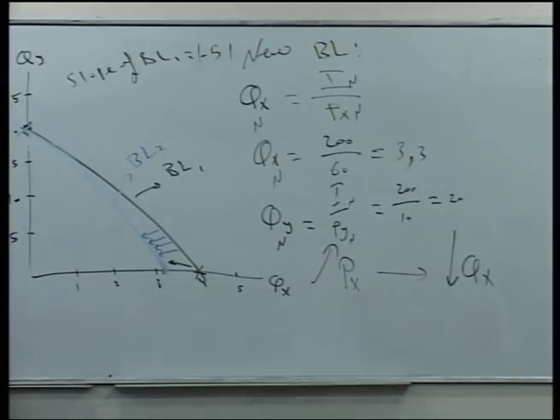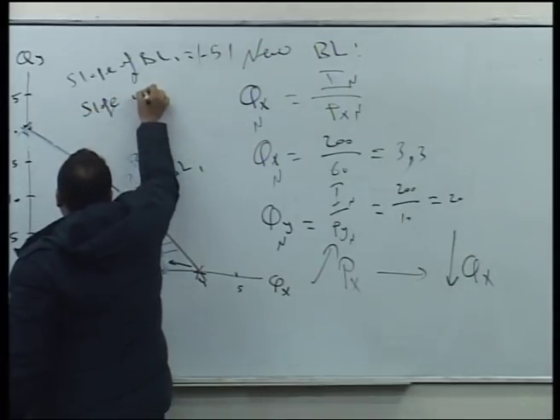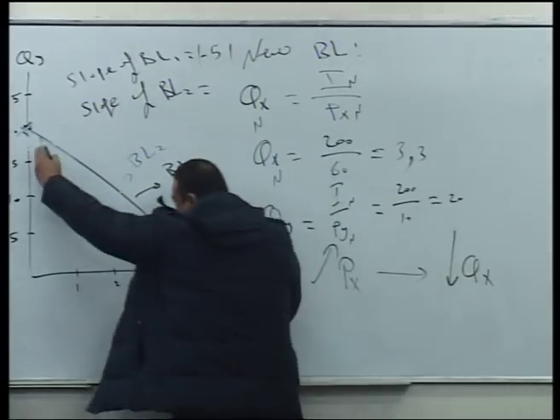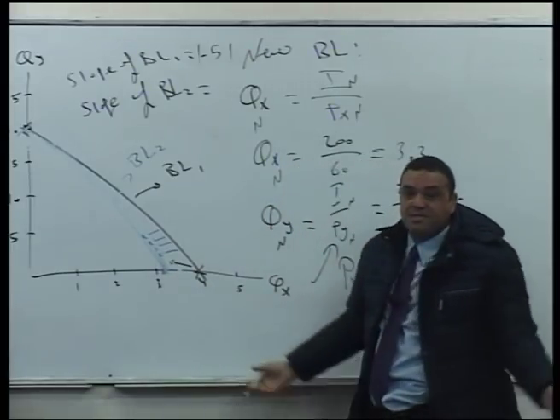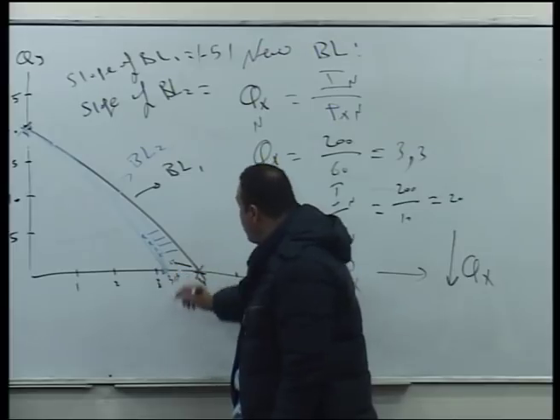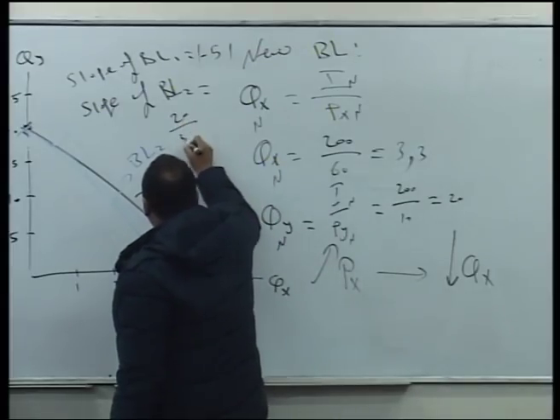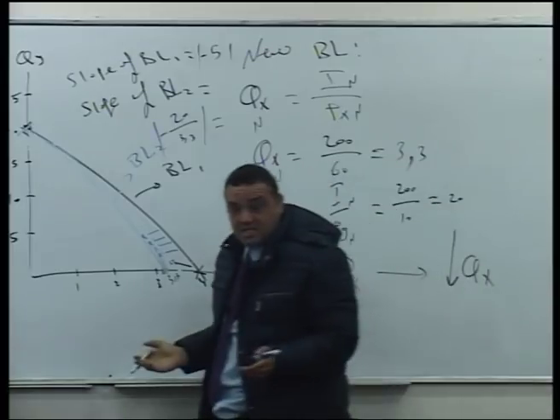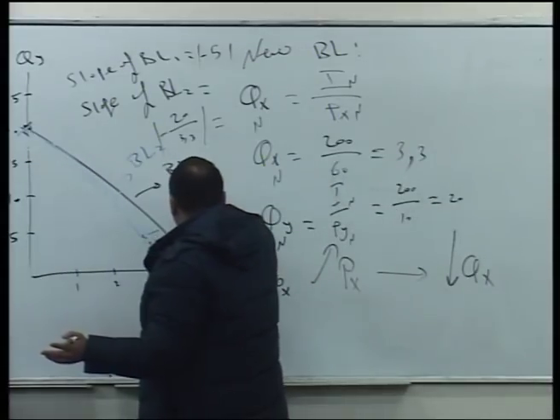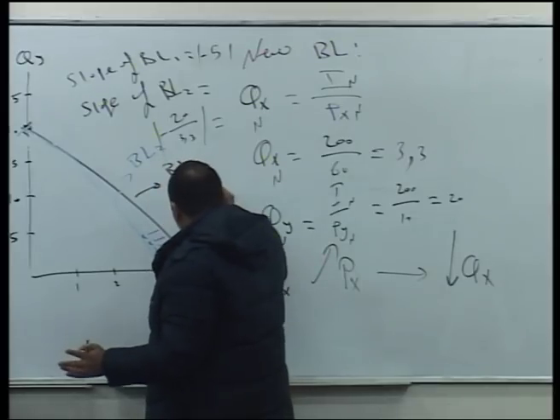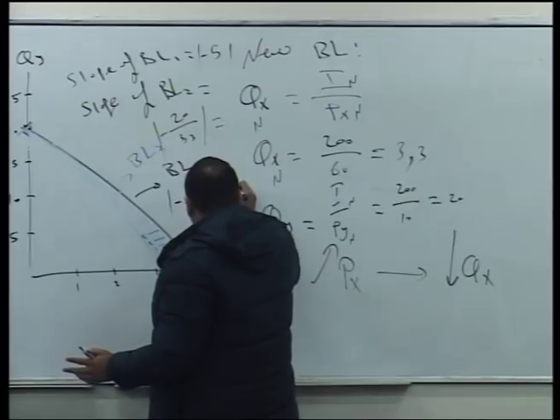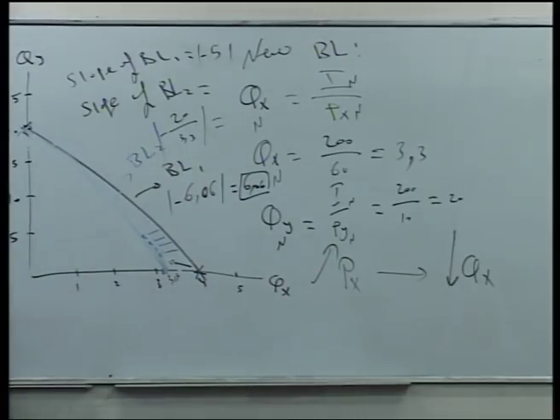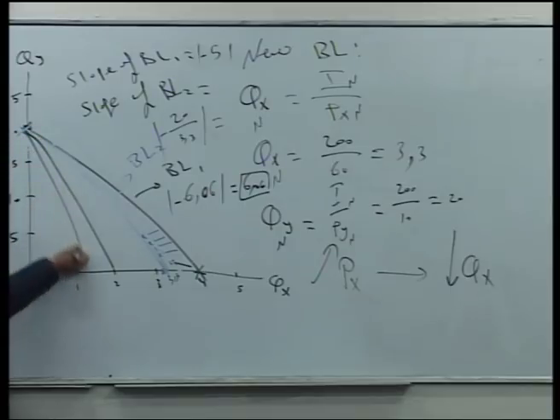Calculate the new slope of the budget line. The slope of budget line 2 equals 20 over 3.3, the absolute value, right? So it equals 20 over 3.3 on the negative side. Did the absolute value increase or decrease? Increased. How much did it become? 6.06. So it is clear that as the price of X goes up, the slope increases.